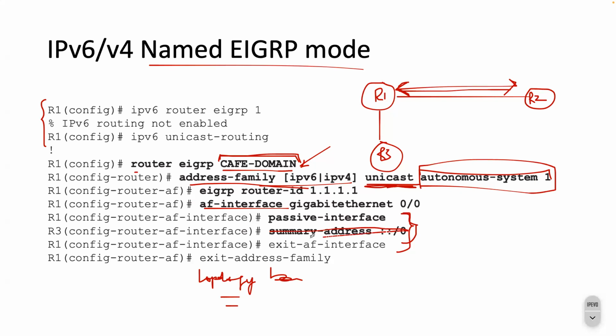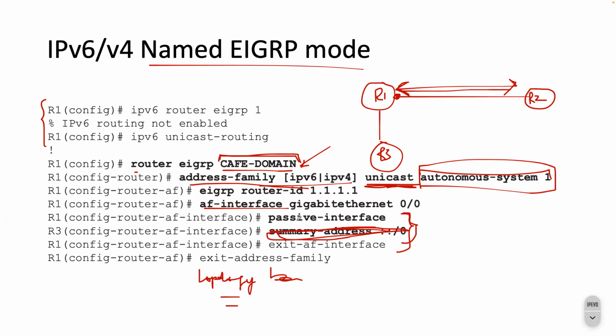This is just an example. I told you, in EIGRP, we can summarize a network on a particular interface itself, on any of the interfaces. This was the example for that one.